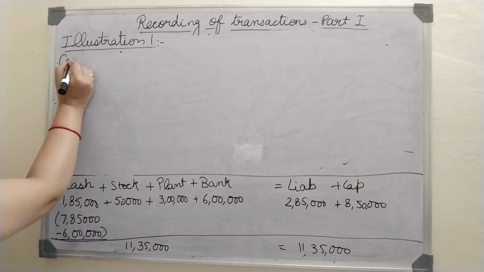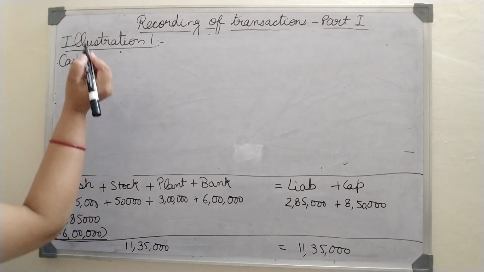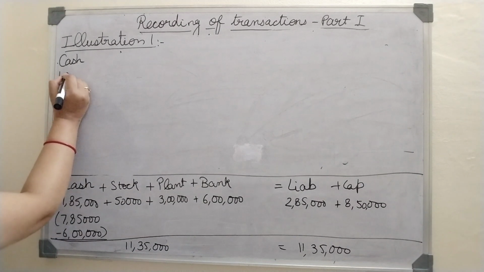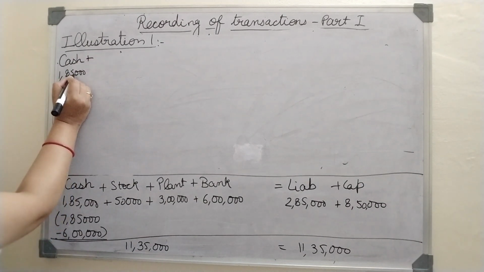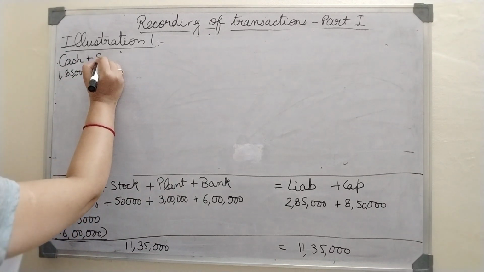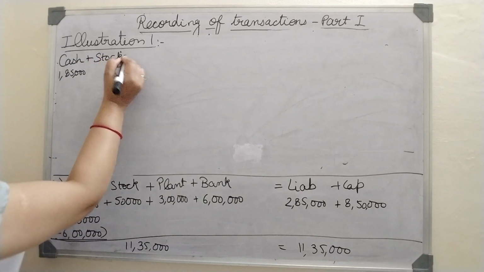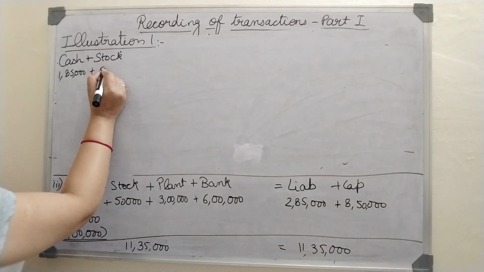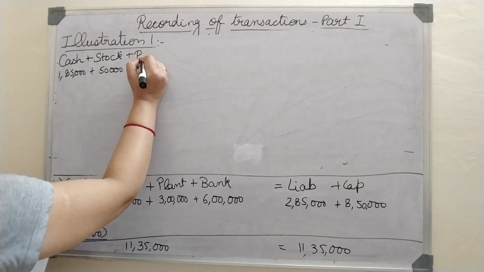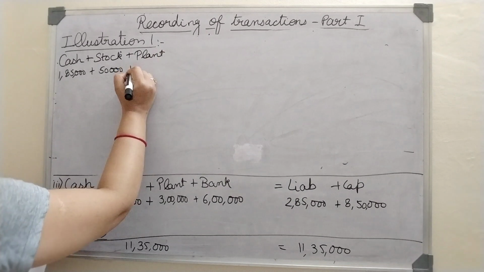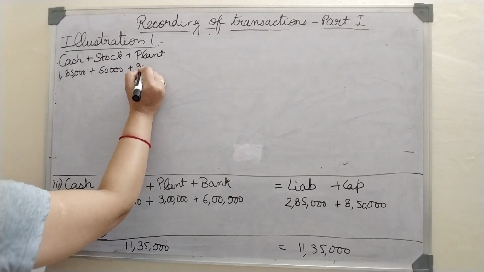First of all, let us carefully copy. Cash we have 1,85,000 plus we have stock. Stock is 50,000 plus we have plant which is 3 lakh.